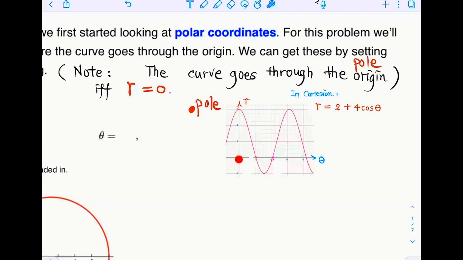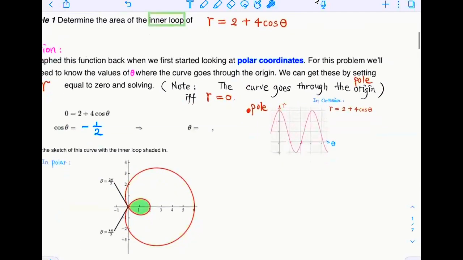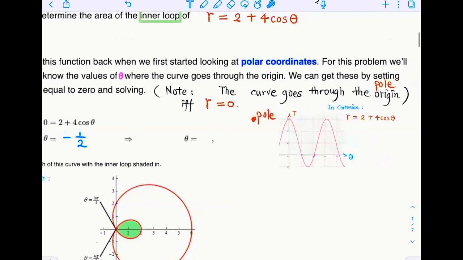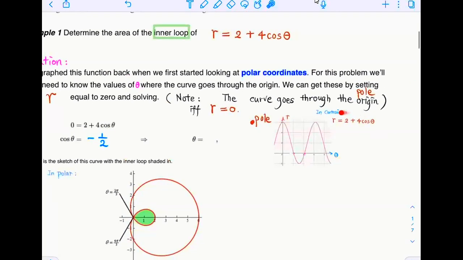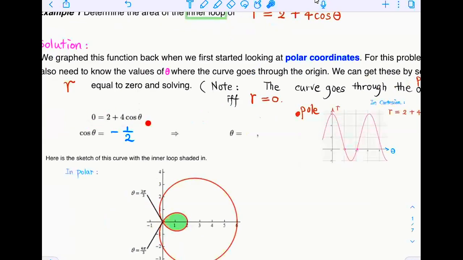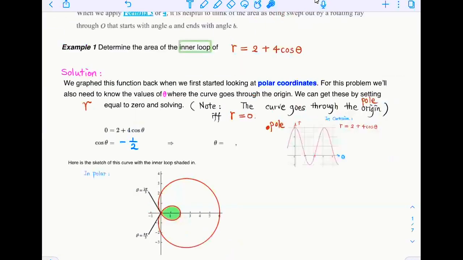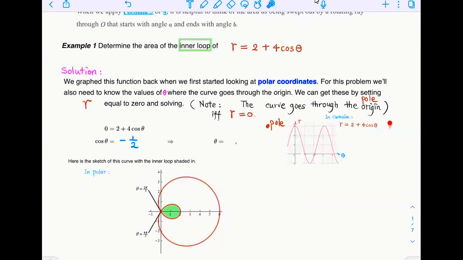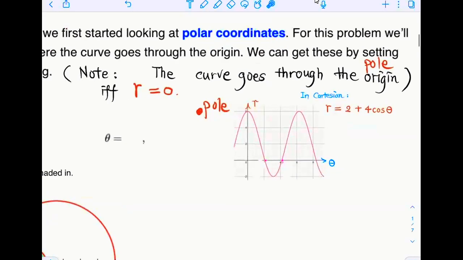What would this angle here be? To solve this equation, one way to do it is to graph it in Cartesian coordinates and find the intersection point right here. This is called solving by graphing.